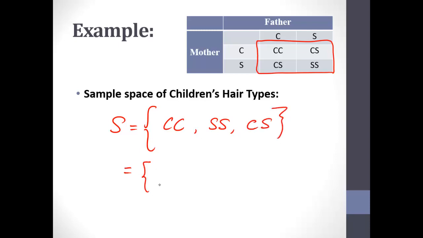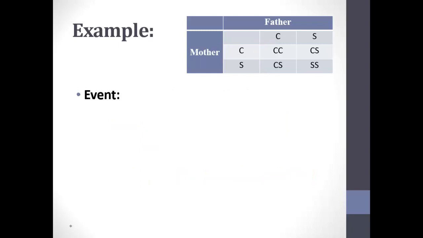So again, that is curly, straight, and wavy. And of course, there are more hair types than just those three, but let's pretend we're in a very simple case here. So this is my sample space. In this example, we're assuming these are the only possible outcomes that we can get for parents that have either curly or straight hair.